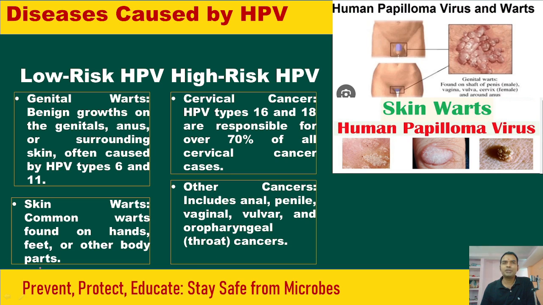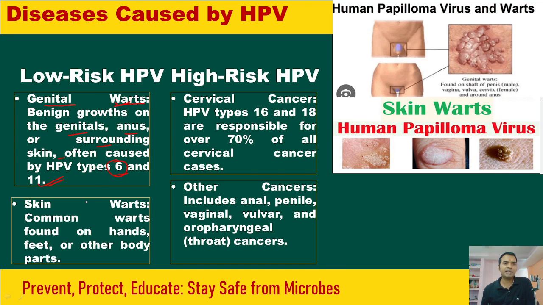Now I am talking about diseases caused by human papillomaviruses. Actually, it produces genital warts, benign growths on the genitals like the anus or the surrounding skin, often caused by 6 and 11, which is very important, as I discussed in the first and second slides, that human papillomavirus 6 and 11 produce warts.